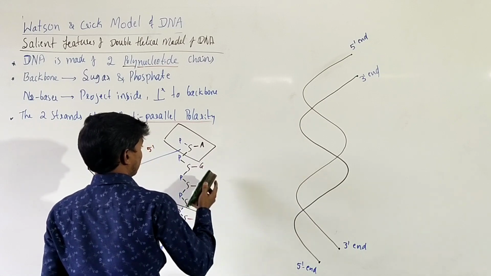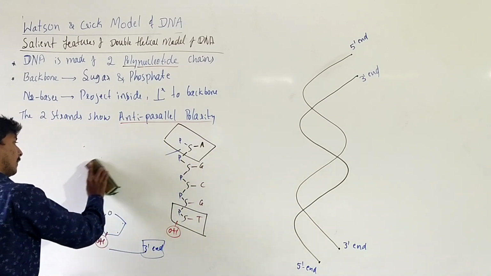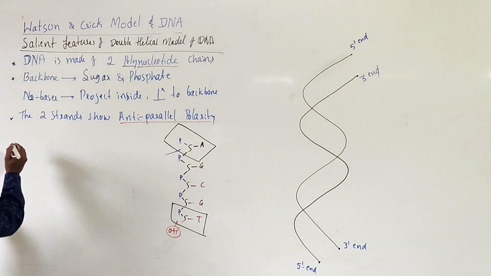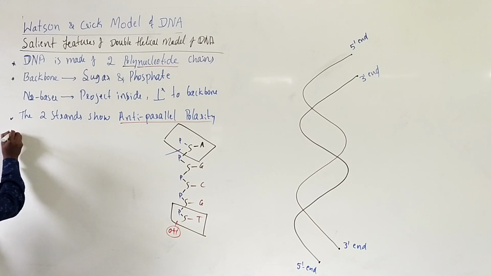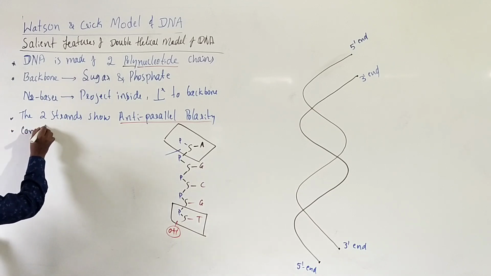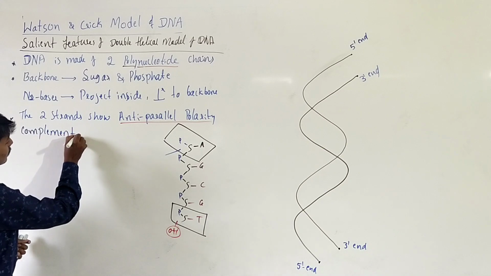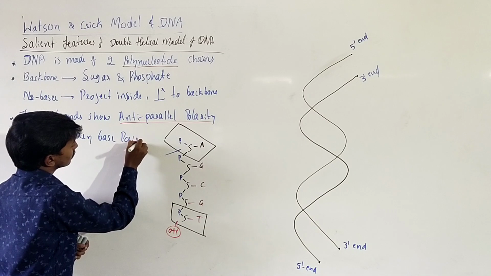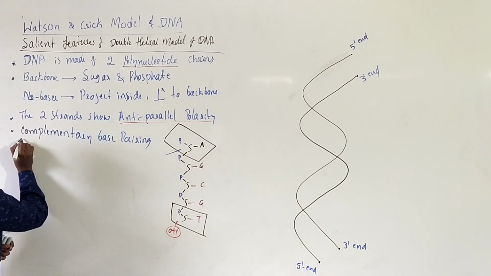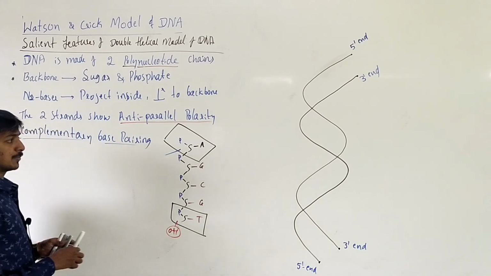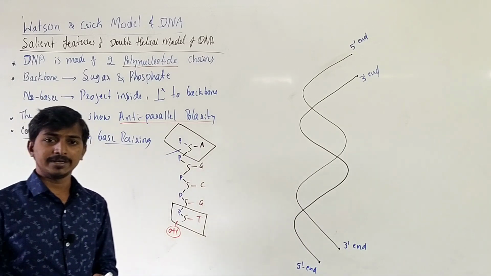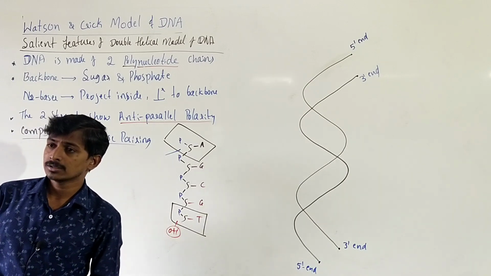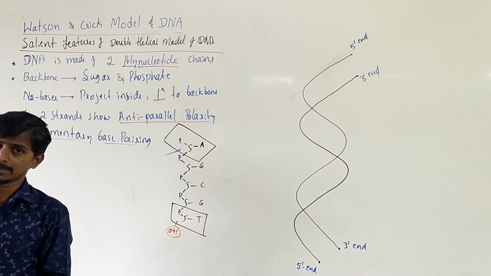Next, the next important property is complementary base pairing. Again, remember Chargaff's rule. Complementary base pairing means, as you all discussed about Chargaff's rules, we have 4 nitrogen bases.